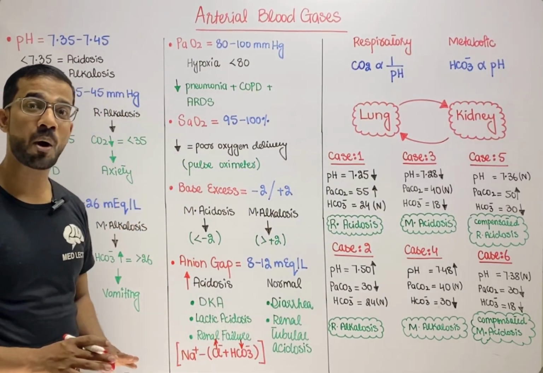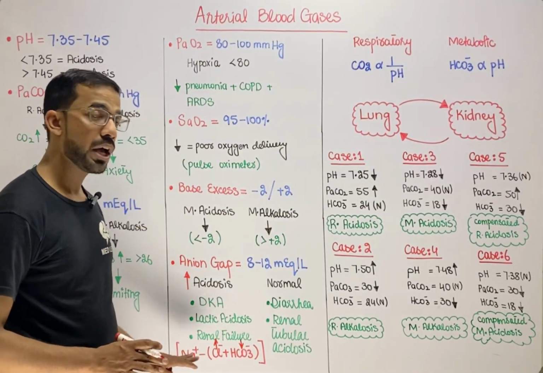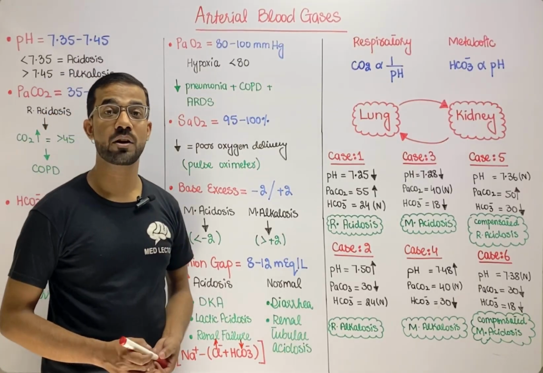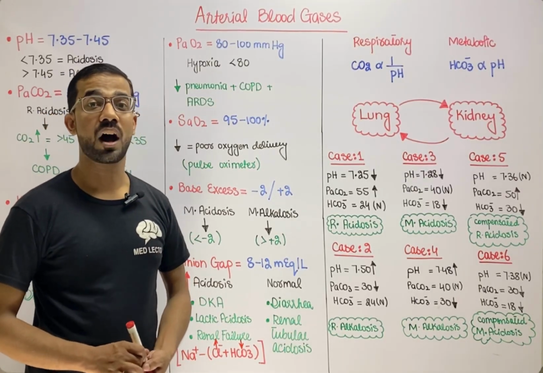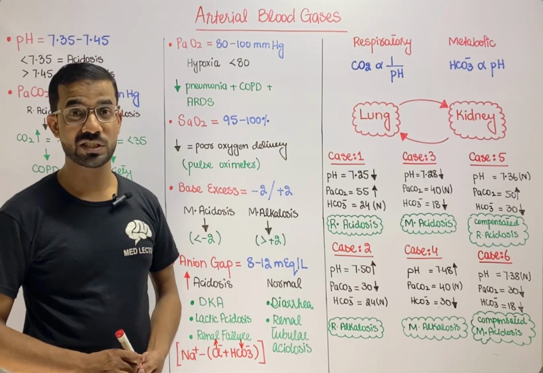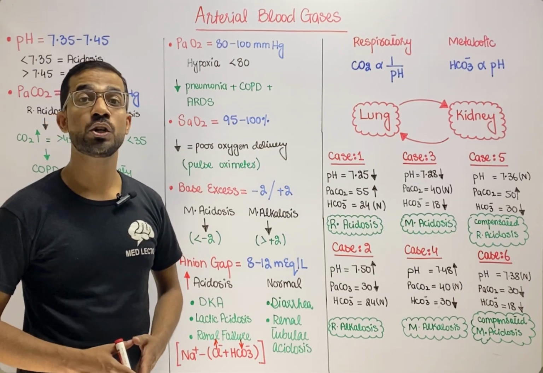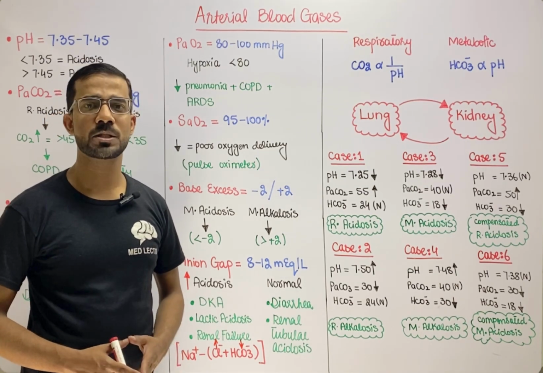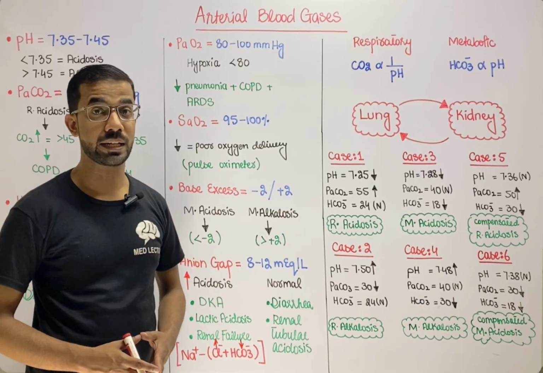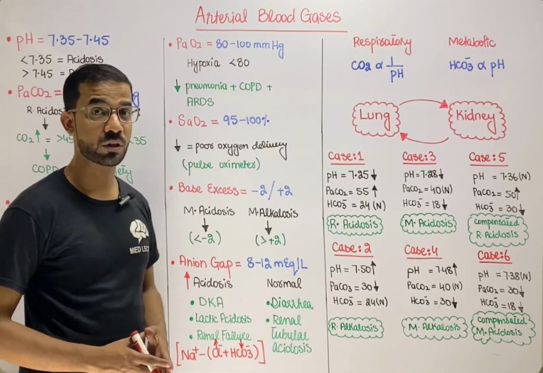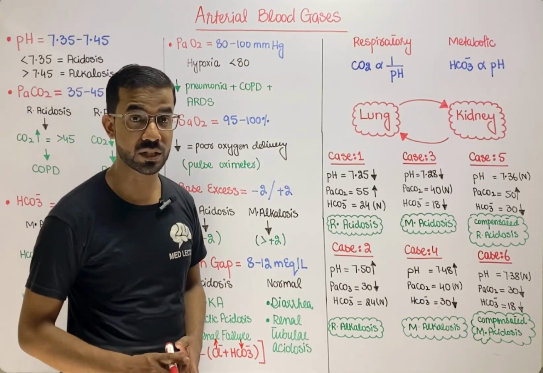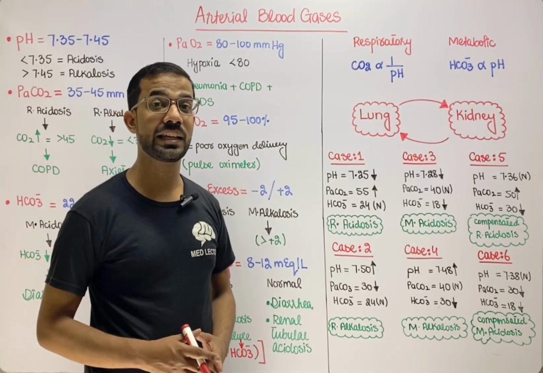So it will compensate, and the overall value of the anion gap will remain the same. So these are the two conditions in which the anion gap will remain normal, due to the compensation between the bicarbonate and the chloride ion. That is the important thing you have to remember: in diarrhea and in renal tubular acidosis.